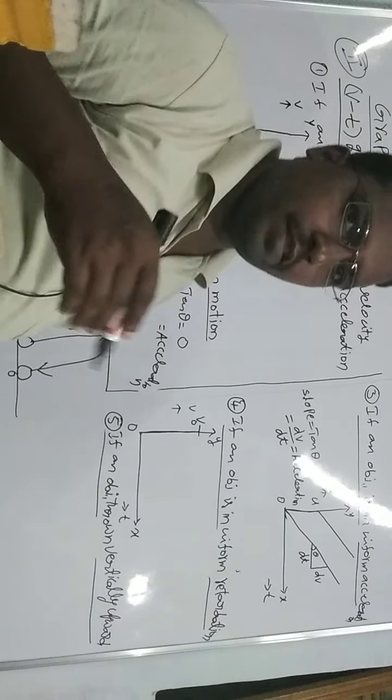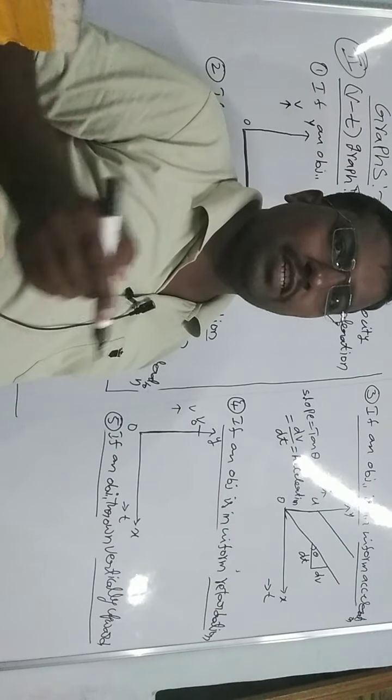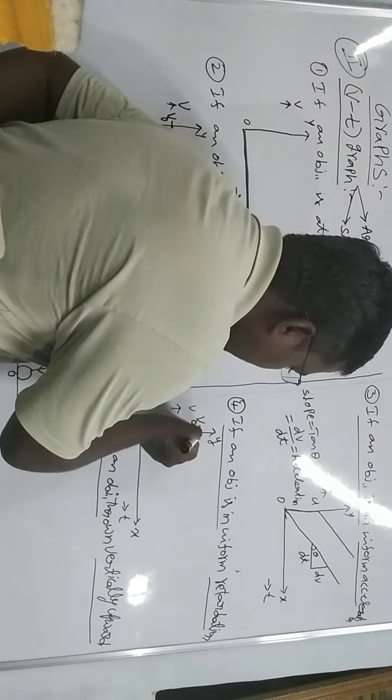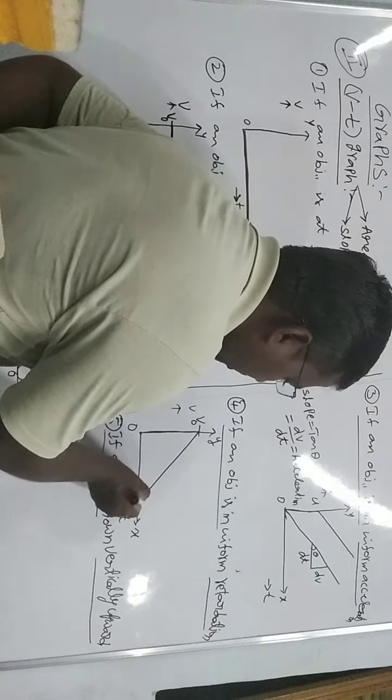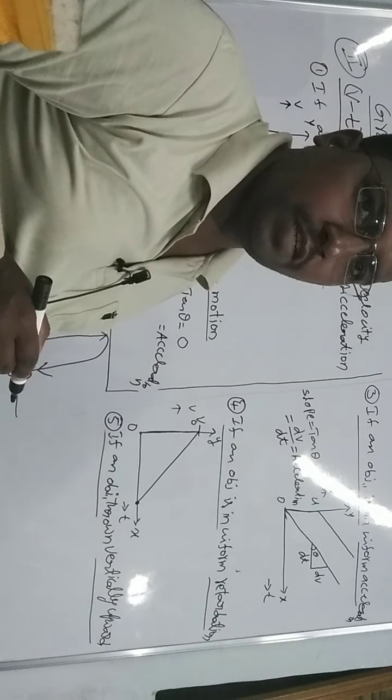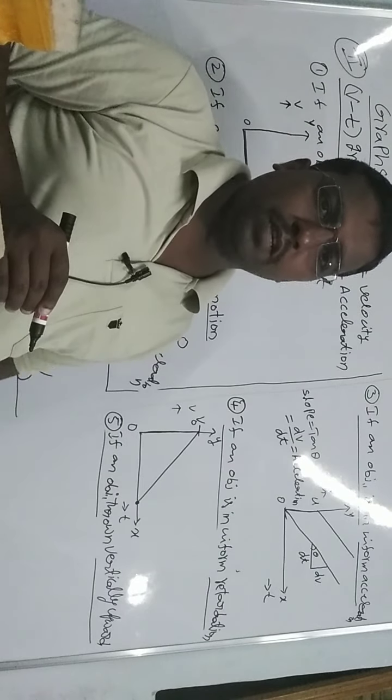After the brakes are applied, the velocity decreases, which is called retardation. In uniform retardation, the velocity decreases uniformly and finally becomes 0. Okay, students, do you understand this point?